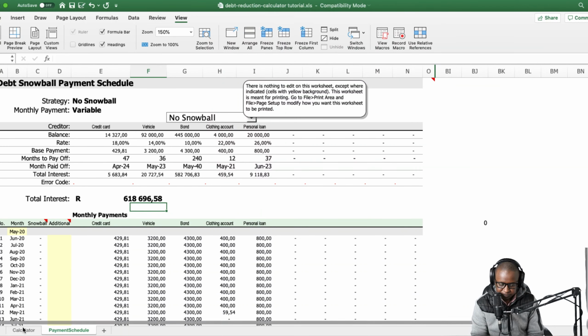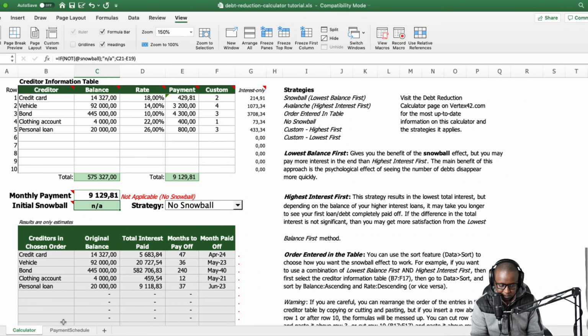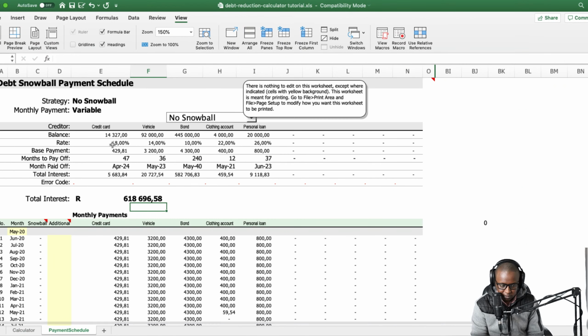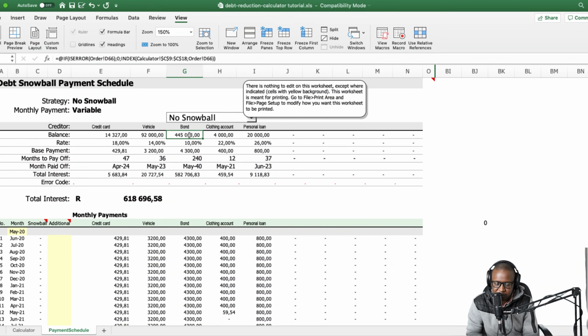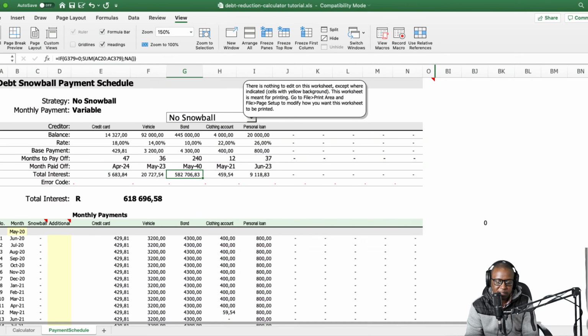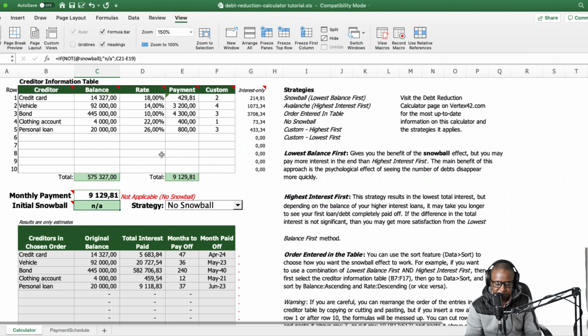If you look here, where's the bond? Remember you bought the property for 445,000, but you will pay interest on the bond of 582,000. So you are paying more than double the price of the house by taking a bond over a period of 20 years. But if you are using the snowball method, watch what happens.